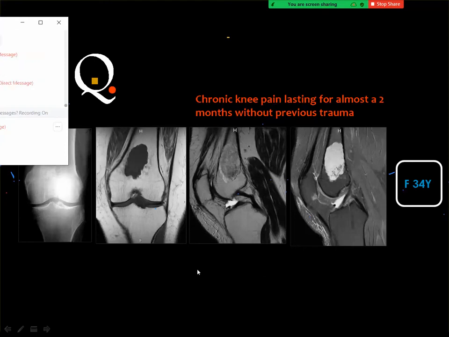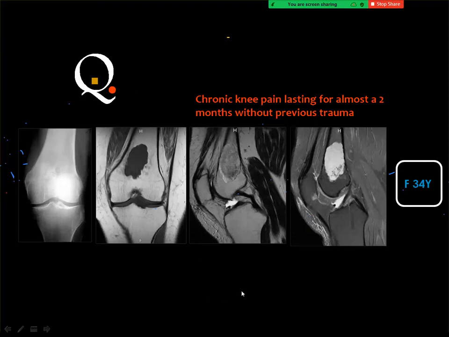Simple bone cyst, non-ossifying fibroma. Okay, and you remember that simple bone cyst is an expanding lesion located mainly in the proximal femur and the proximal humerus. Non-ossifying fibroma is a cortically based lesion, and it usually shows low signal in all sequences because of the fibrous component of the tissue.